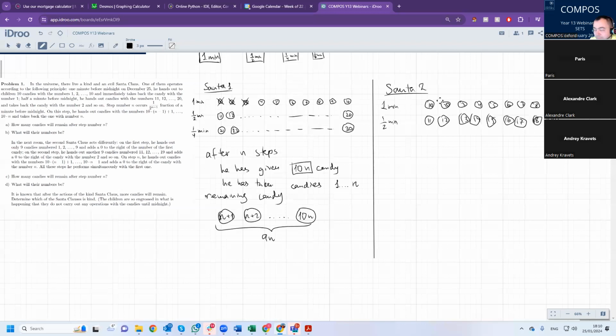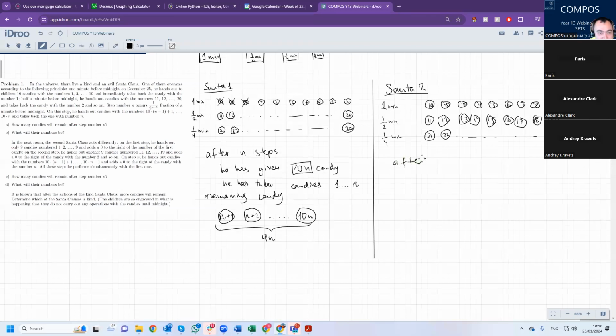He physically writes on it. 1/4 minute before midnight, he gives out candy 21, up to 29, because we already have candy 20, and he turns candy 3 into candy 30.